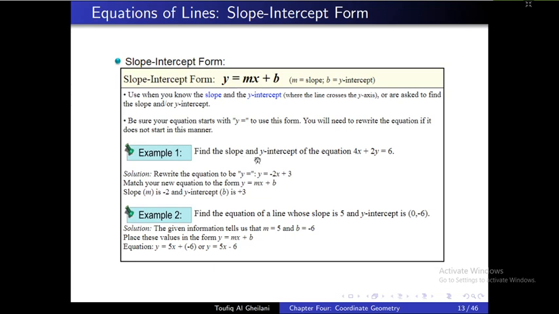Example 1. Find the slope and the y-intercept of the equation 4x plus 2y equals 6. So rewrite the equation to be y equals.